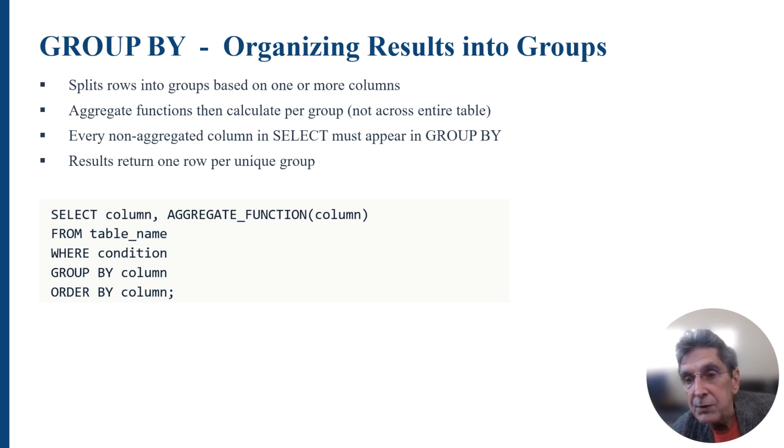We will see an example of this error in a few slides forward. Here's your syntax. Select, and then the grouping column, and your aggregate function from the name of the table. Optionally filter with the where, if appropriate, and then group by the column you're categorizing on, and order by to sort the result. So there it is.